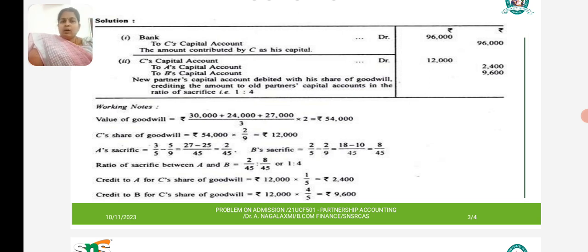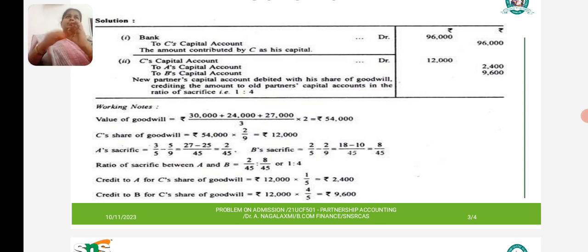We will get an amount, and that amount into 2 years purchase. So 3 years profit divided by 3, into 2 years purchase. We are calculating the value of goodwill as rupees 54,000.